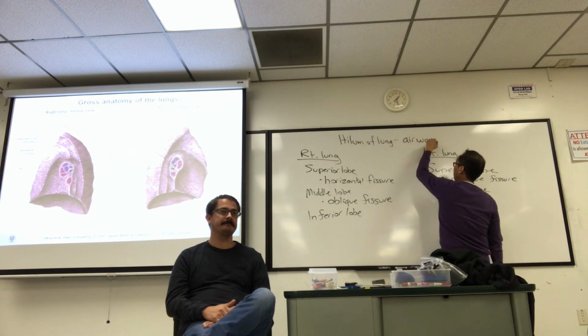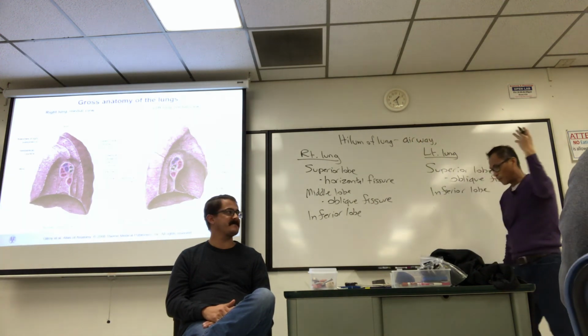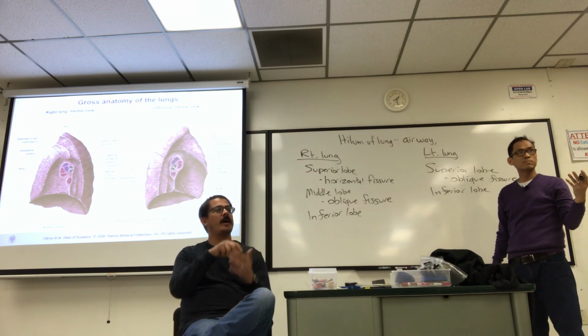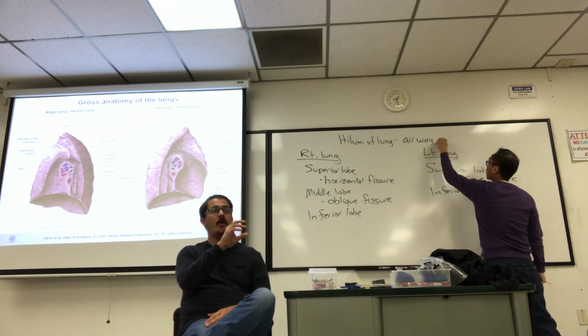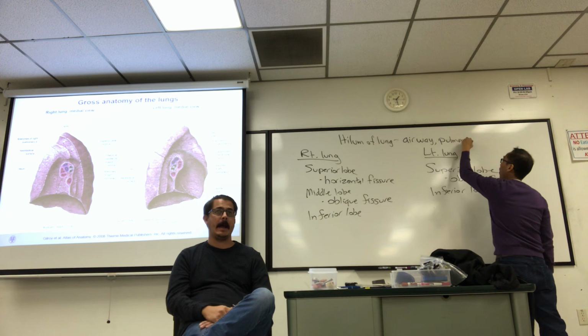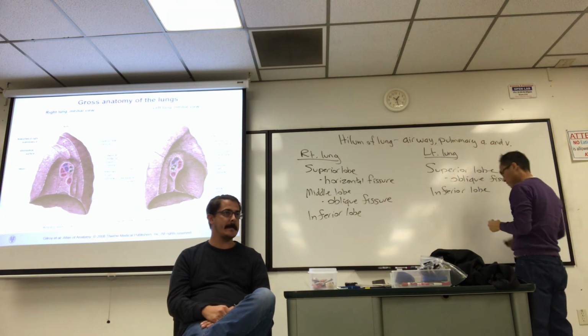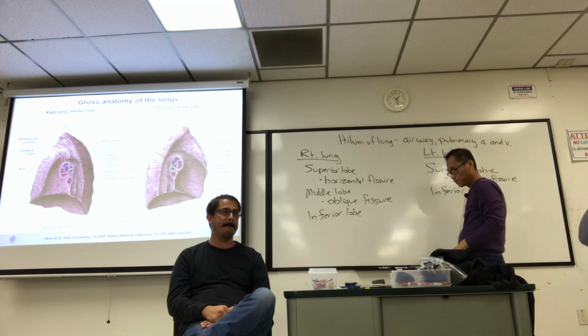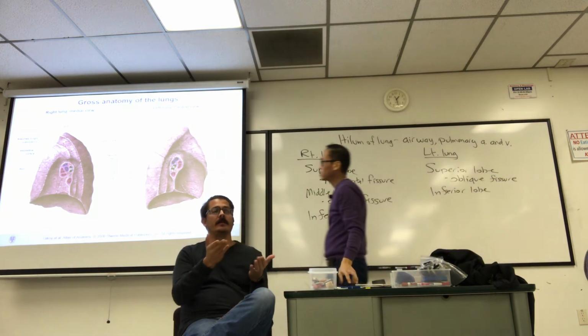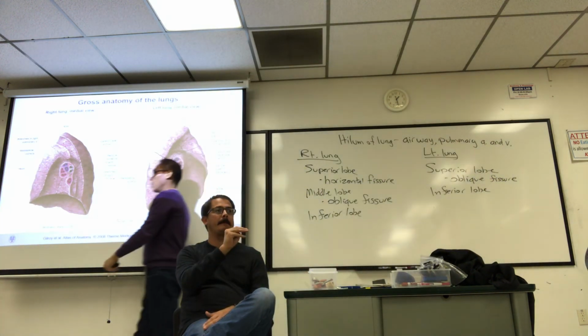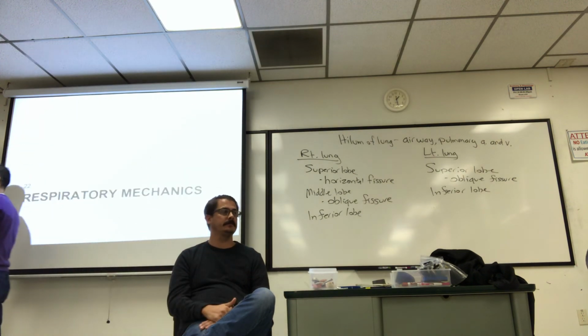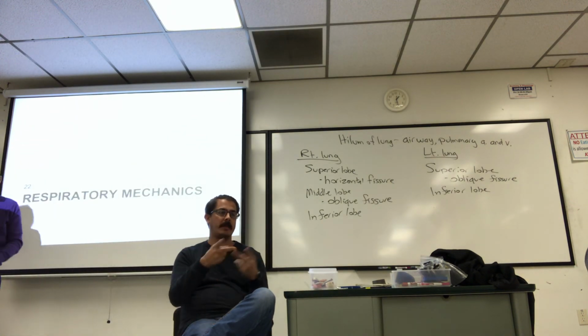I may have you identify the pulmonary artery or the pulmonary vein. Be able to identify those things within the hilum of the lung. This is a good place to stop.